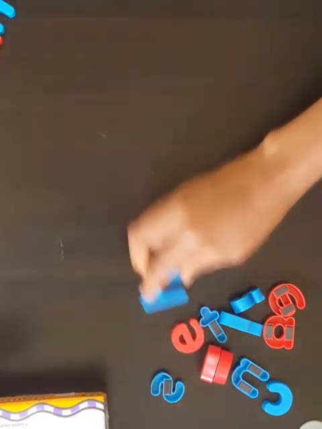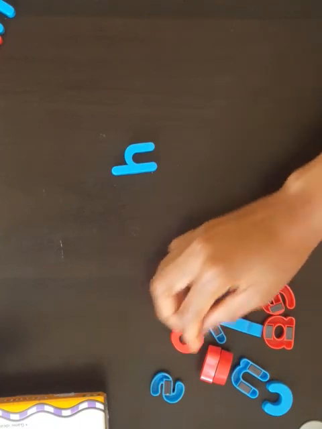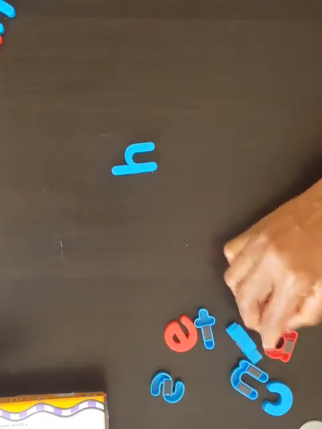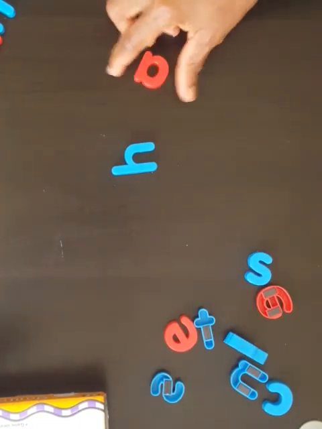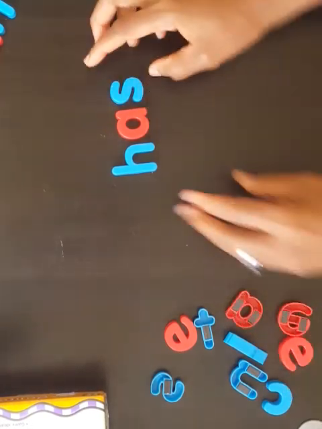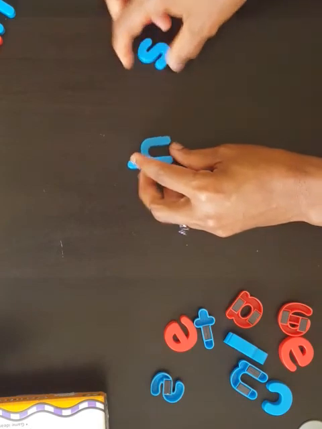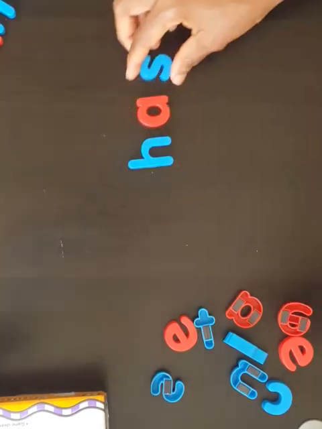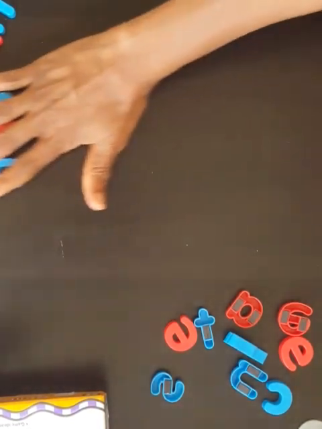All right. Another word we said we'll see is has. H-A. And we say these sight words are words that we should just know off head, right? By heart. H-A-S, has. So we can mix it up. H-A-S says has.